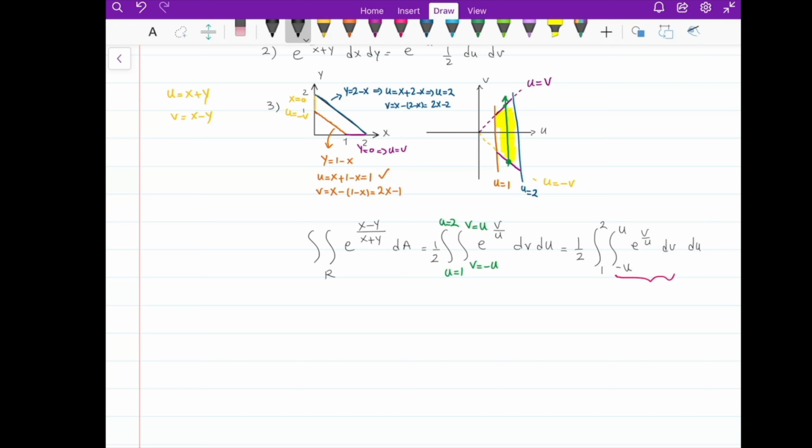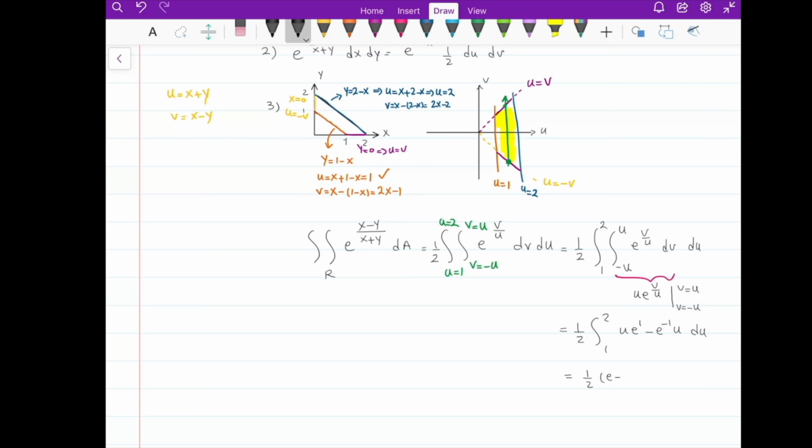So the answer for this one would be u e to the v over u, and then v is from negative u to v equals u. So let me write the outer integral. I'm gonna plug in u times e to the power of 1 minus e to the power of negative 1 times u, and then du.